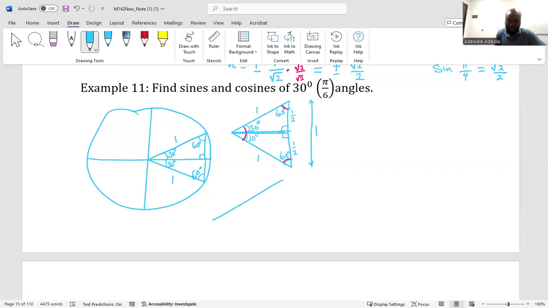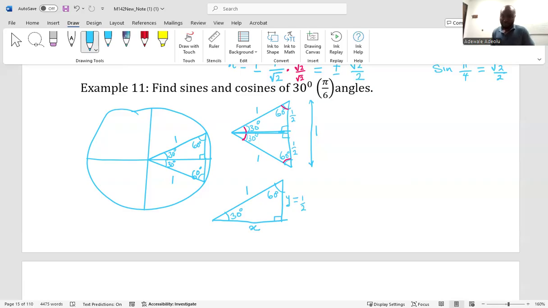So let us keep going. I can bring out that triangle this way. Now I can find sine and cosine of 30 degrees. Here is 90, and here is 60 degrees. Here is 1. I don't know this place, I will call it x. I know my y, and it is 1 half.